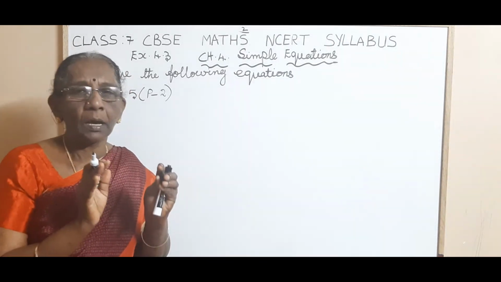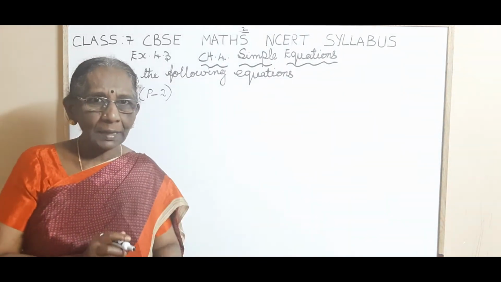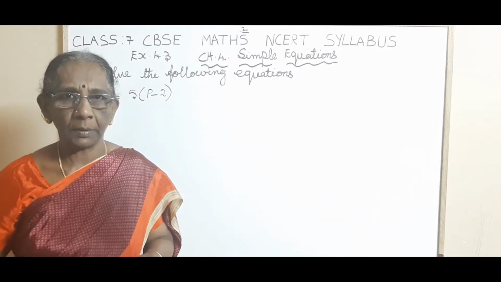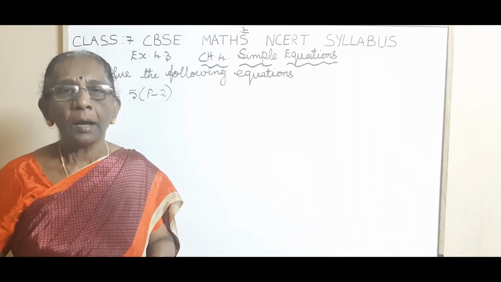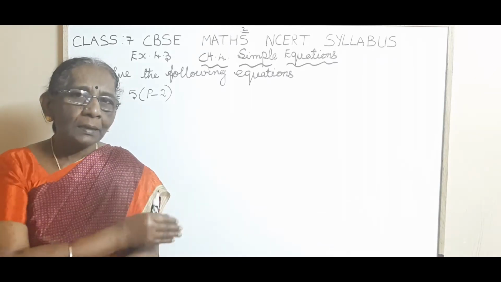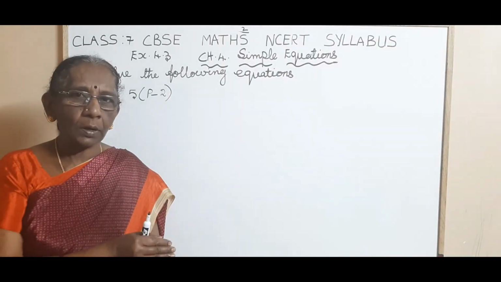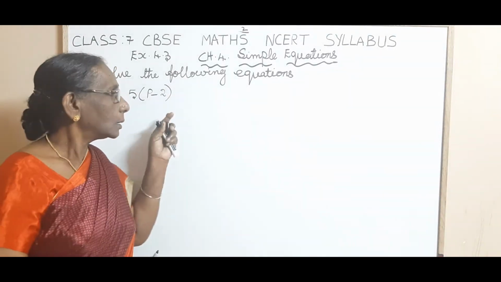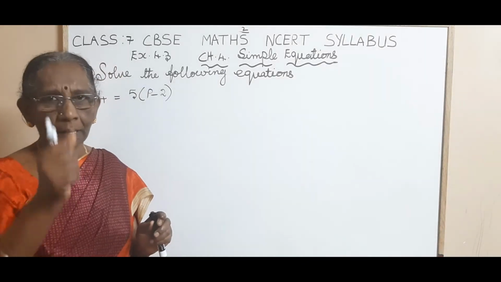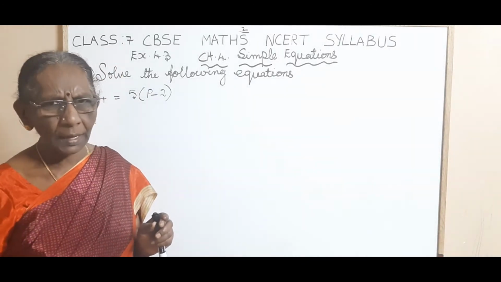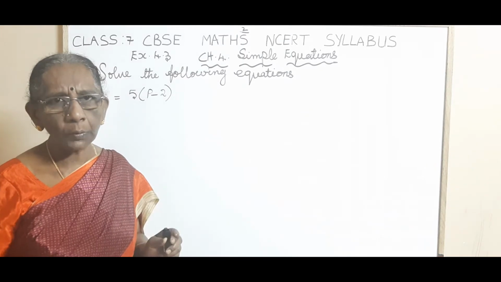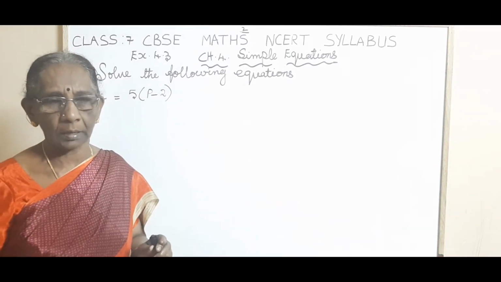Usually what is the general rule? Left hand side will be the weight, right hand side will be the things. Isn't it, children? But here it is given in the reverse order. In the left hand side, the things are given and in the right hand side, the weight is given. Okay, so we have to write in the correct order.